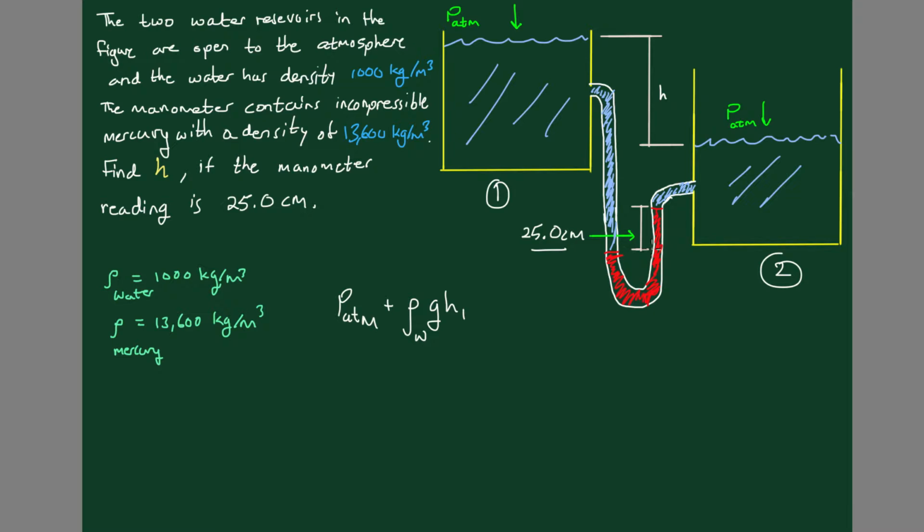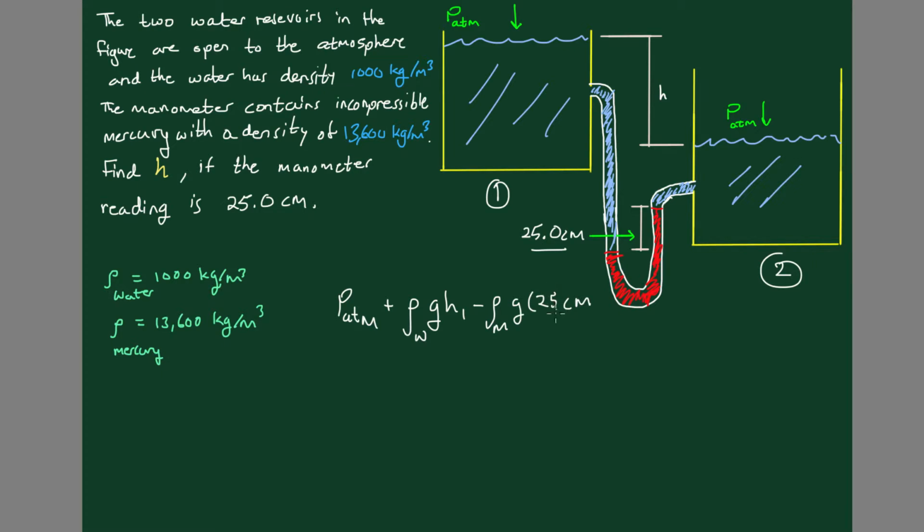So if we change our height from this level to this level, then the change in pressure is going to be a minus rho of the mercury, the density of the mercury, times g, multiplied by the manometer reading, right? So this is going to be 25. So we have minus rho of the mercury times g times 25 centimeters.